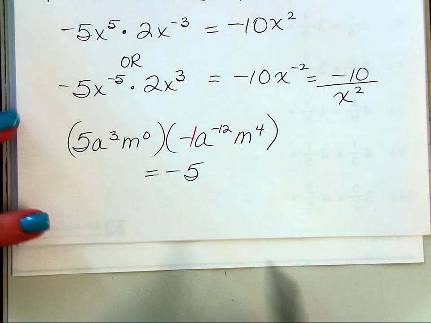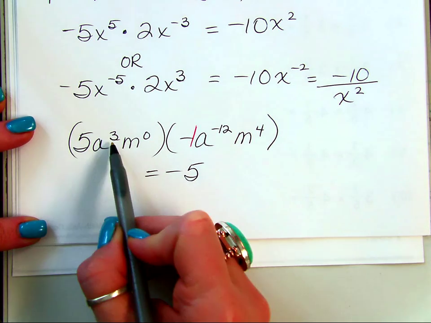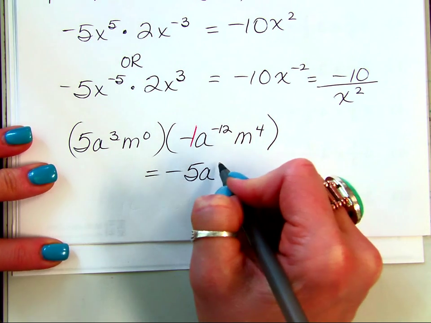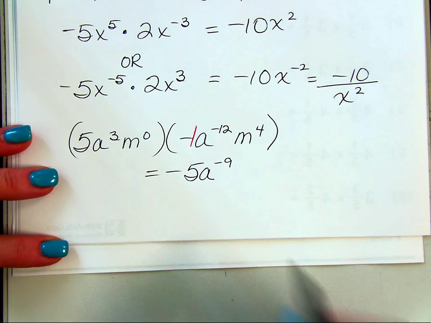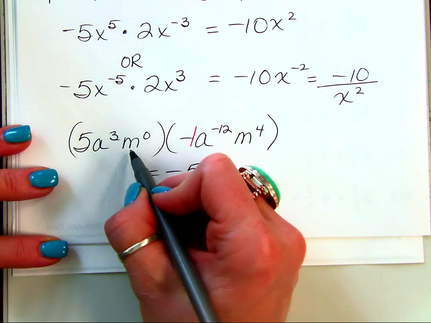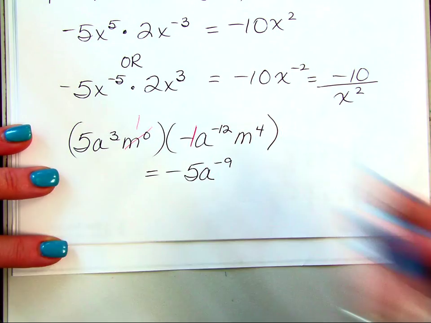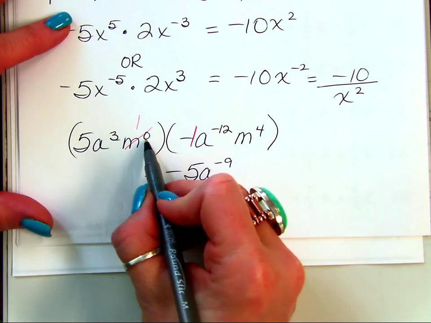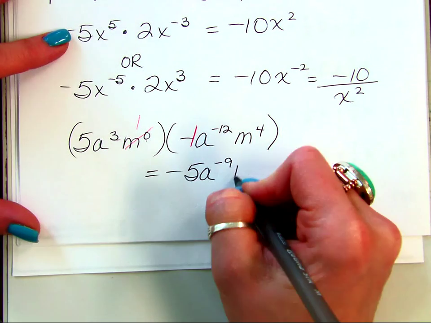So 5 times -1 is -5. 3 plus -12 is what? -9. And what's this thing? The whole thing is 1. And in this case, watch, it doesn't really throw you off very much here, because what's 0 plus 4? 4, which means m to the 4th.